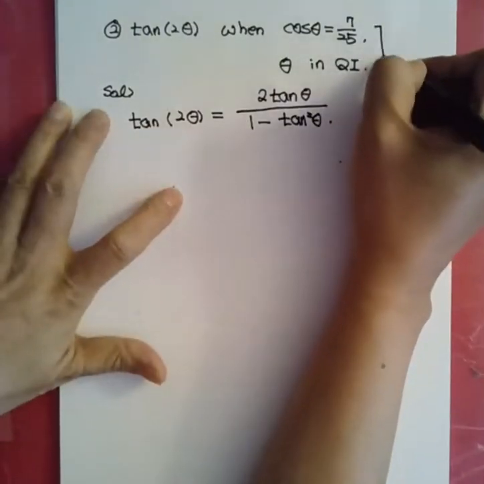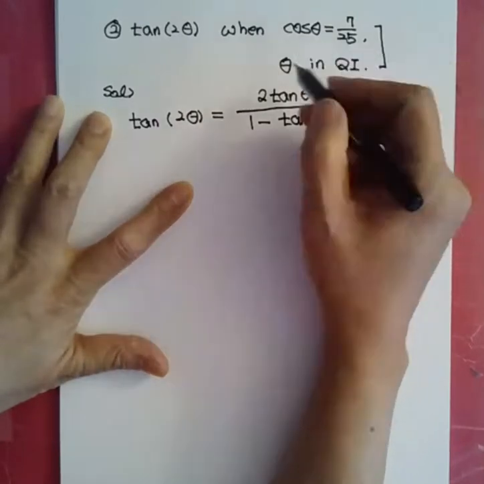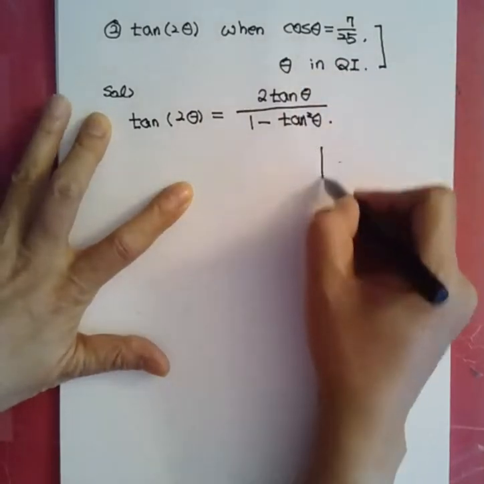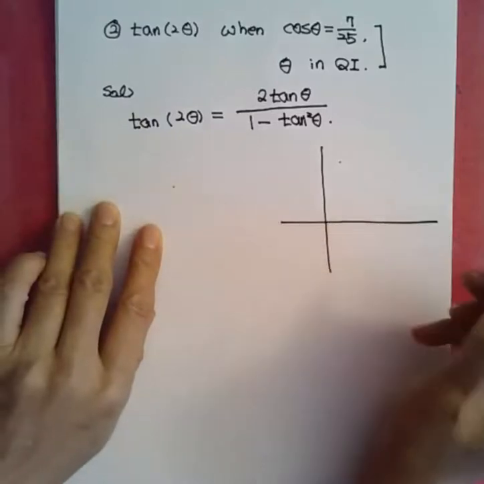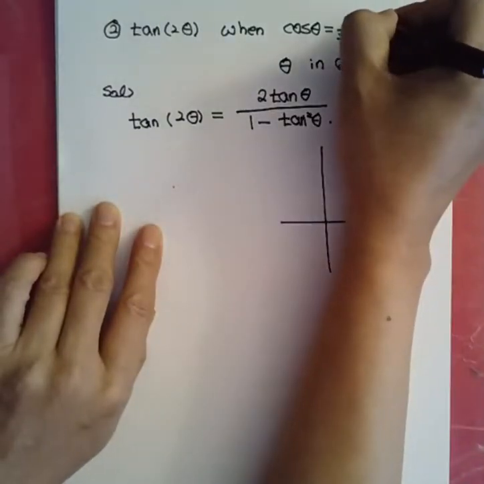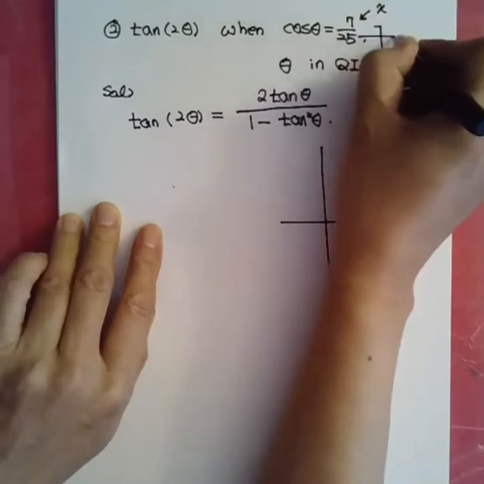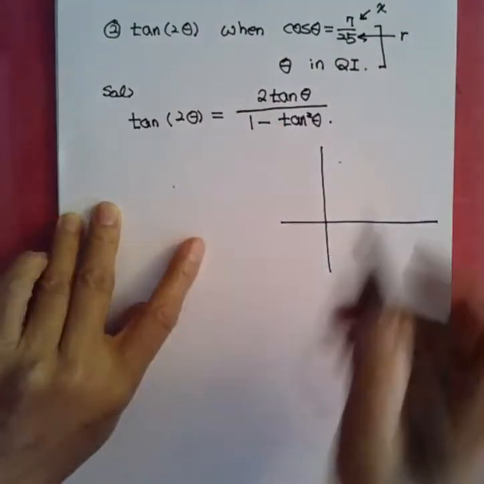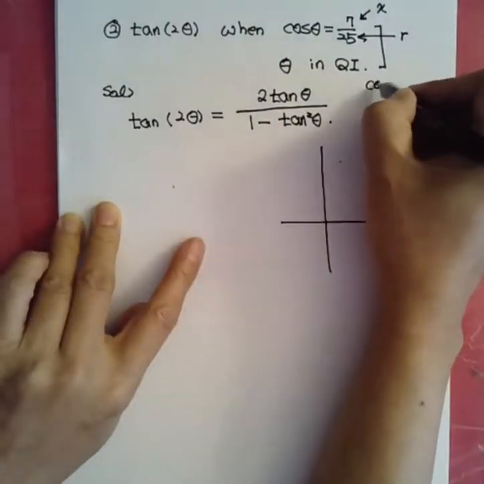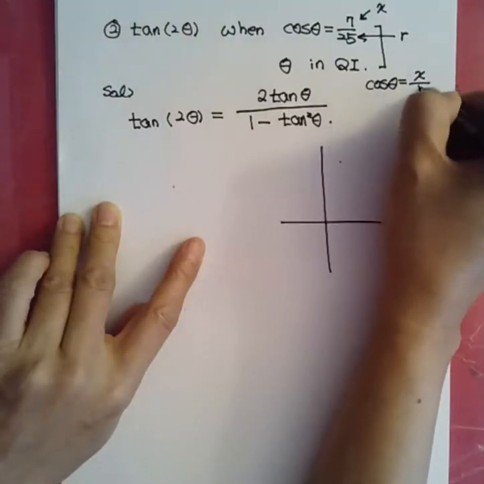So in the problem, we have cosine and the angle is located in the first quadrant. Cosine, this is x and 25 is r. When we use the coordinate form of the definition, cosine of theta was x over r.